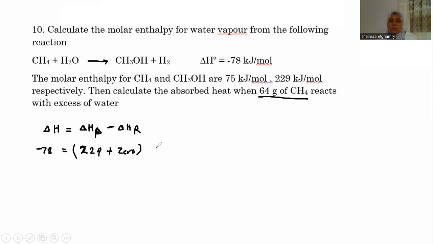This is for product. Minus delta H of reactant, we have CH4, which is 75, plus delta H of water, which we want to calculate, delta H of H2O. So we are going to use the calculator.